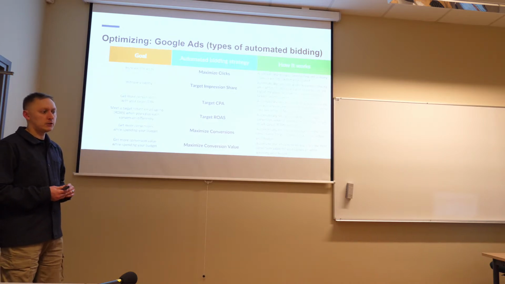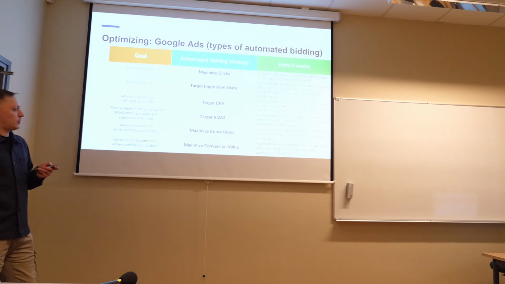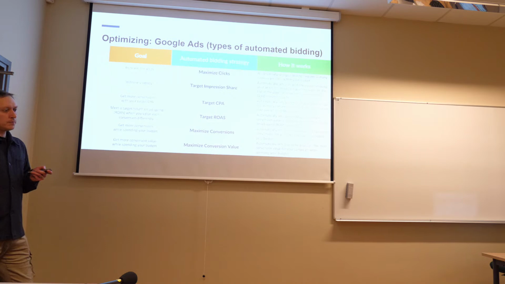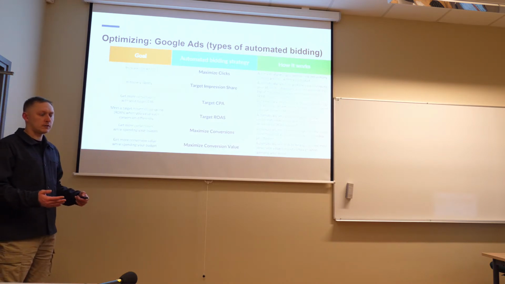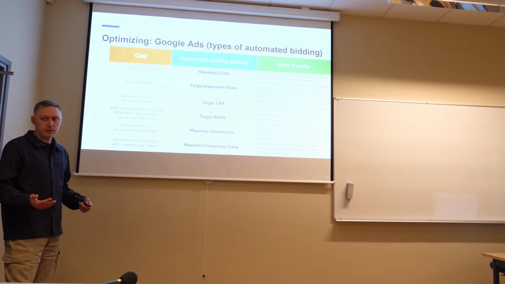You're definitely going to miss out on some clicks. So that's why I would suggest the target impression share only for brand campaigns, because it can be very expensive. And on the other hand, for your own brand terms, the clicks are really cheap.